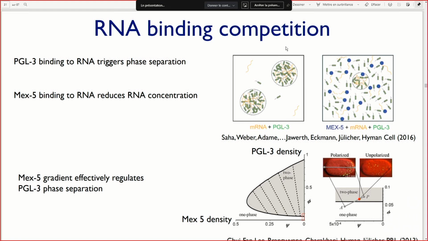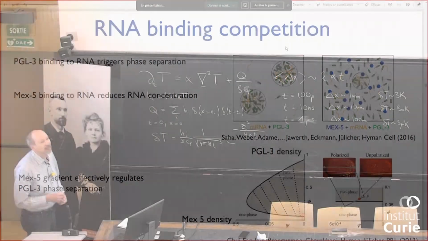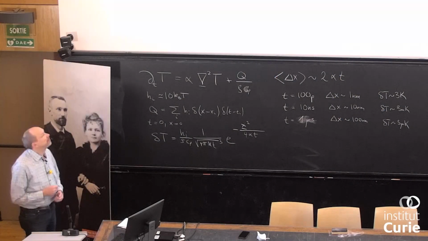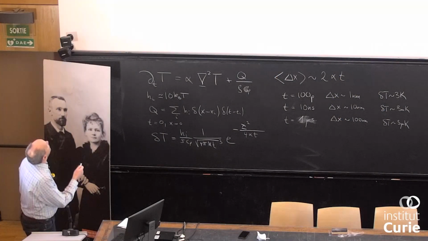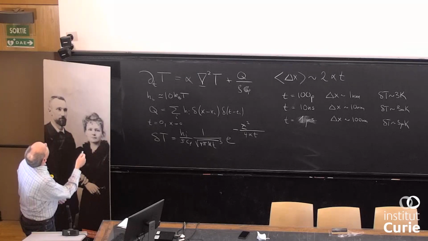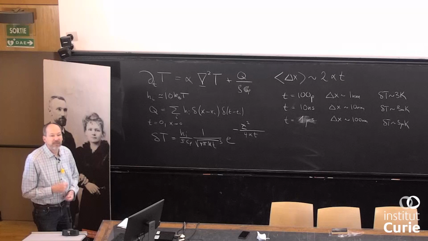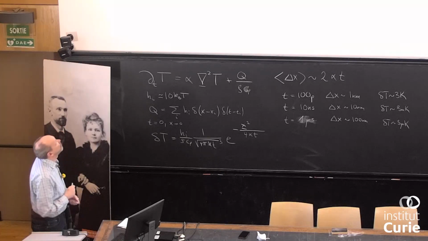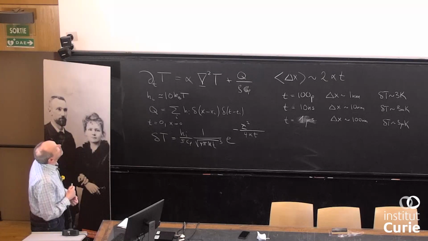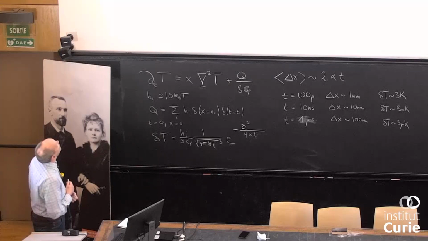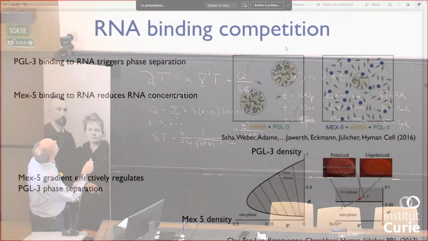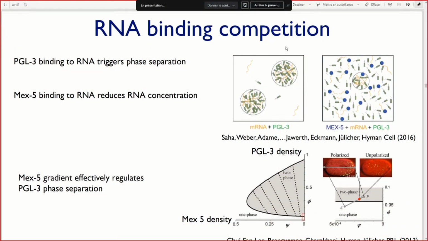the coupling between MEX-5 concentration and P granule thermodynamics goes via the binding of RNA. So PGL-3 phase separates in an RNA-dependent manner. RNA promotes condensation of PGL-3, and MEX-5 is also an RNA-binding protein.